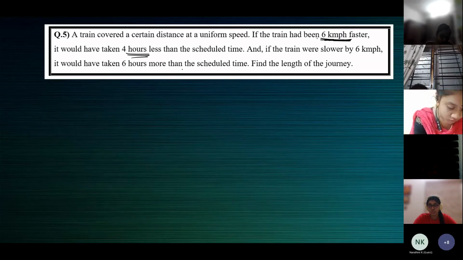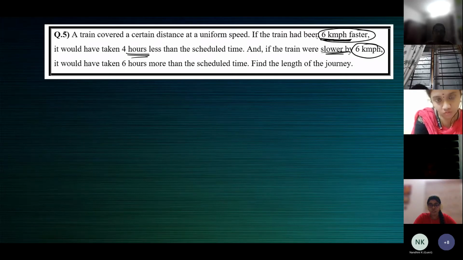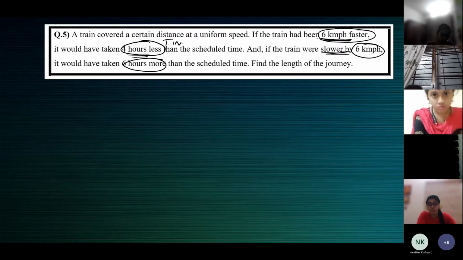So you assume x and y for the speed of the train and the time taken, because information is given regarding the speed: 6 km/h faster, 6 km/h slower. And 4 hours less, 6 hours more, meaning time.